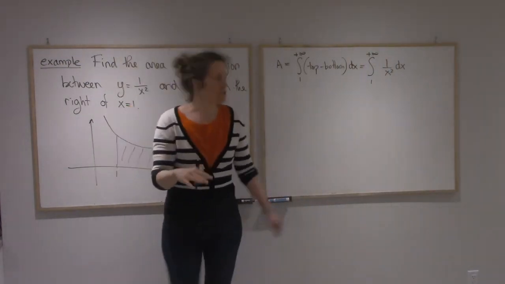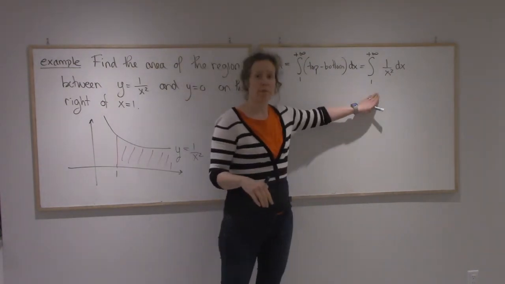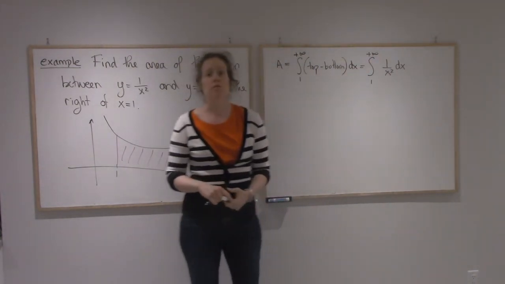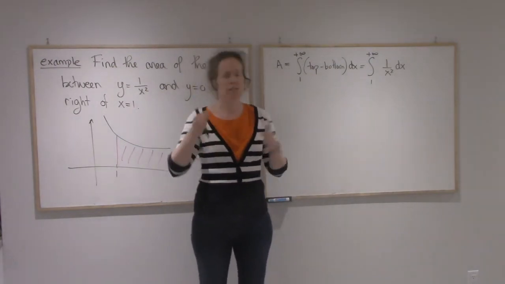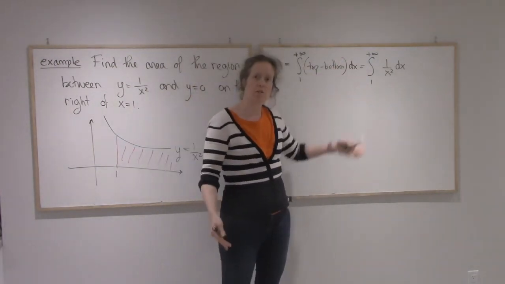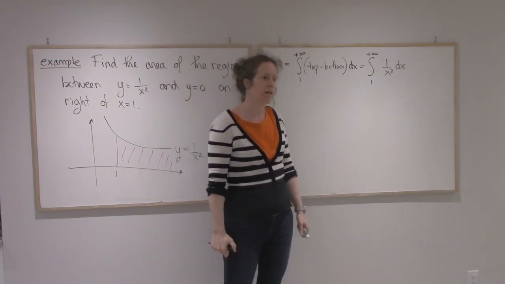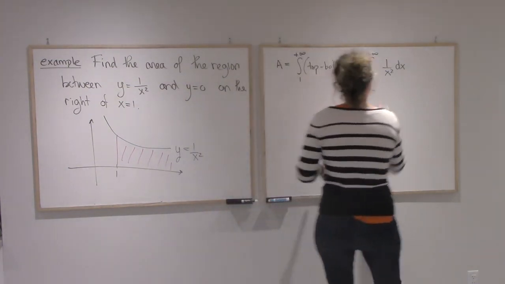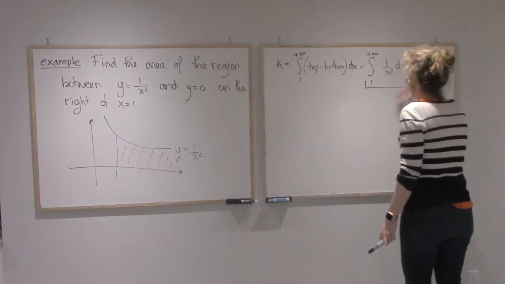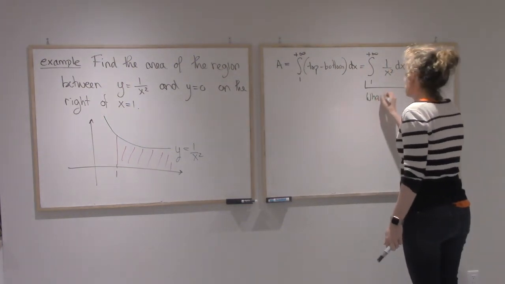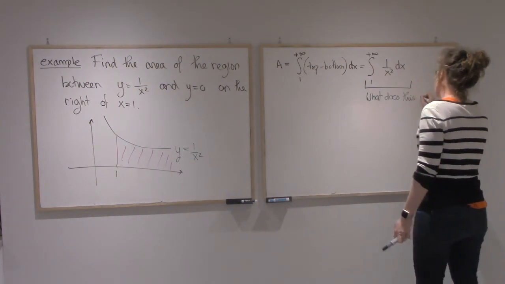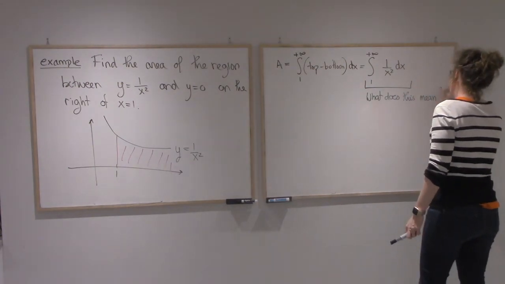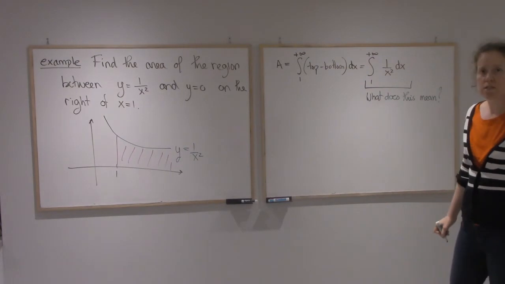All of our definite integrals always have finite bounds underneath and a finite bound on top. Otherwise, our definition with Riemann sums doesn't make any sense. Delta x cannot be infinity minus 1 divided by n. That would still be infinity. So here, it's not clear what this integral means.